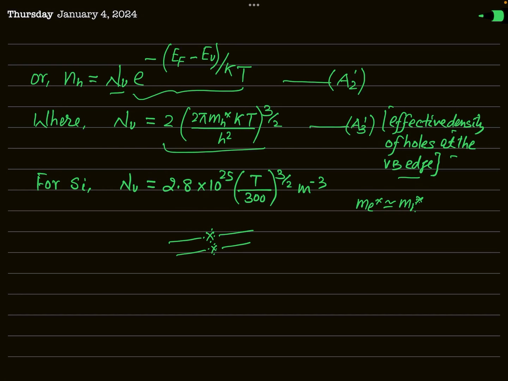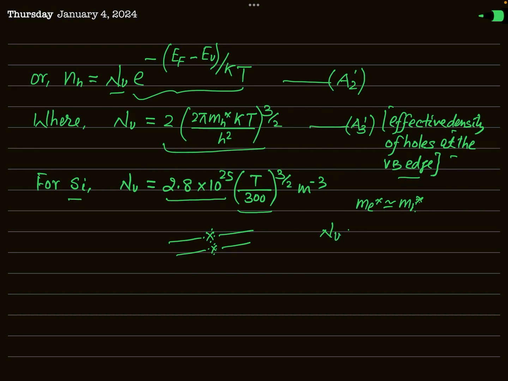Again, when you find the value of (2 pi mh star k over h square) whole to the power 3 by 2 and multiply by 2, then for silicon it is found that NV is equal to 2.8 into 10 to the power 25 times (T over 300) whole to the power 3 by 2. So this is the value of NV.